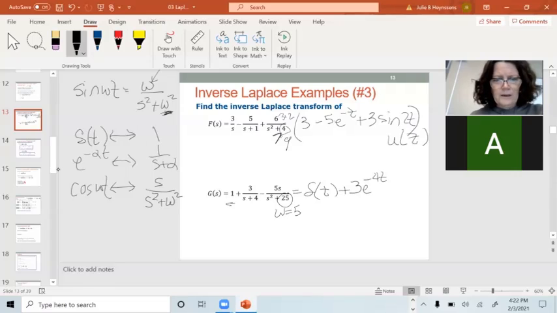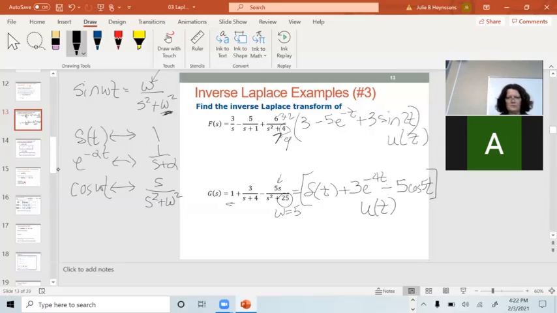But I've got the 5 out front, and all I need up on top on this one is an s. So this is going to be minus 5 cosine 5t. And then I multiply the whole answer by u of t to make it mathematically correct.